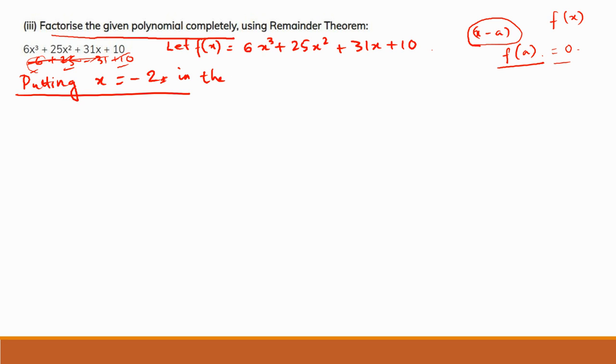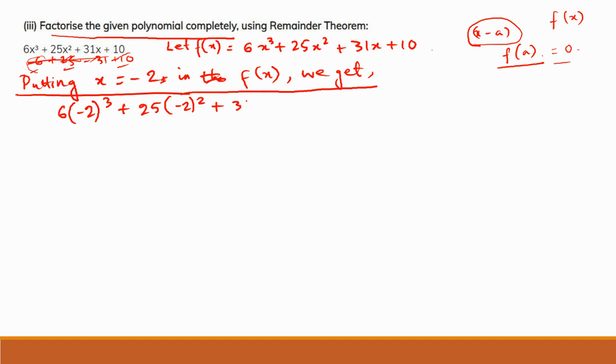Putting x equals minus 2 in f(x), we get 6 times minus 2 cube plus 25 times minus 2 square plus 31 times minus 2 plus 10, which is minus 48 plus 100 minus 62 plus 10. So 100 plus 10 is 110, and this is 110. So all of this cancels out, and this becomes 0.